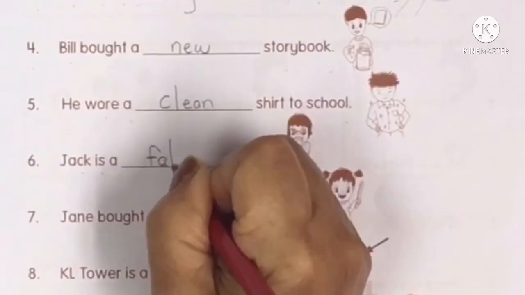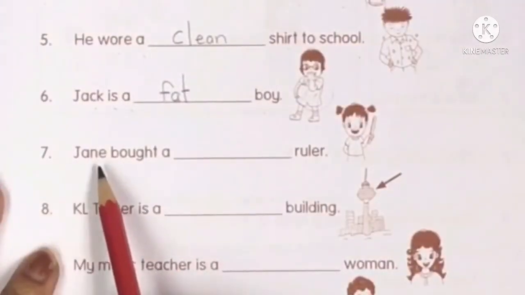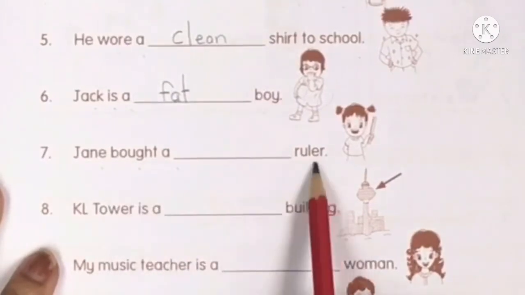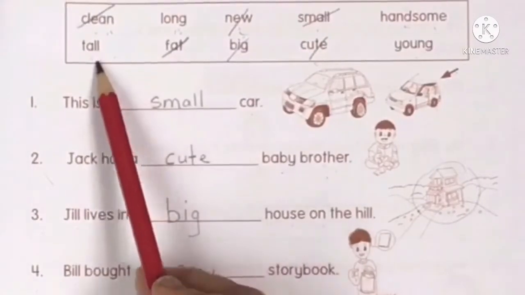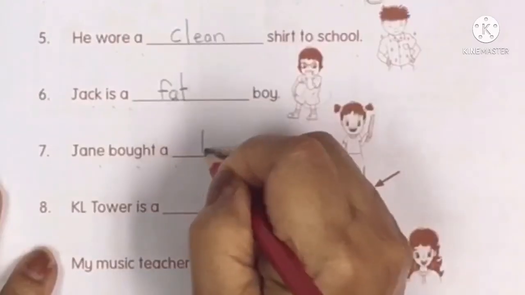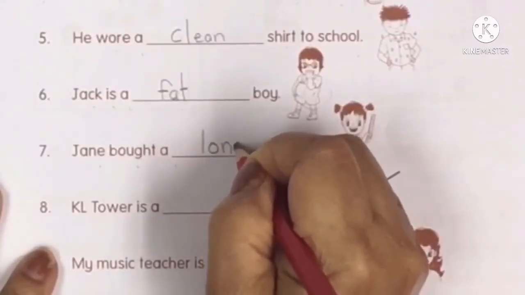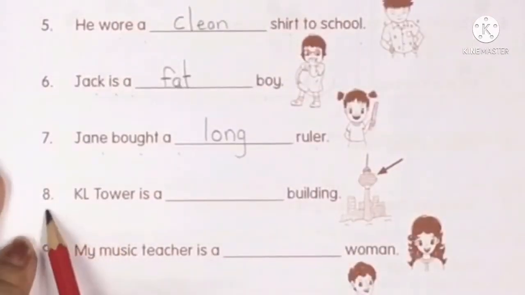He is a fat boy. Number 7. Jane bought a ruler. Look at the ruler. Is it a tall ruler or a long ruler? A long ruler. Yes, you cannot say a tall ruler. Right? A long ruler.